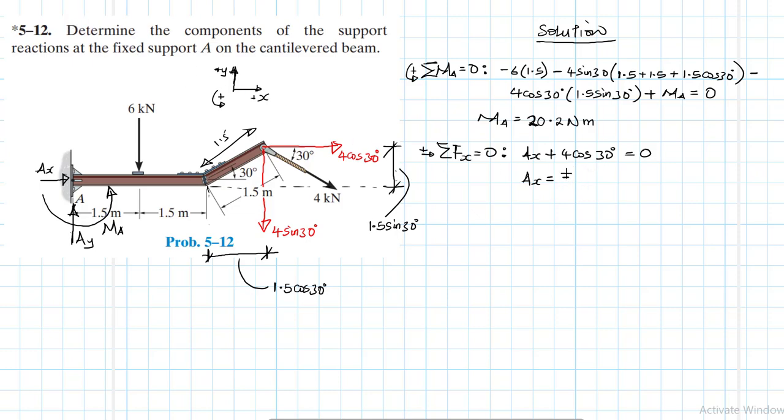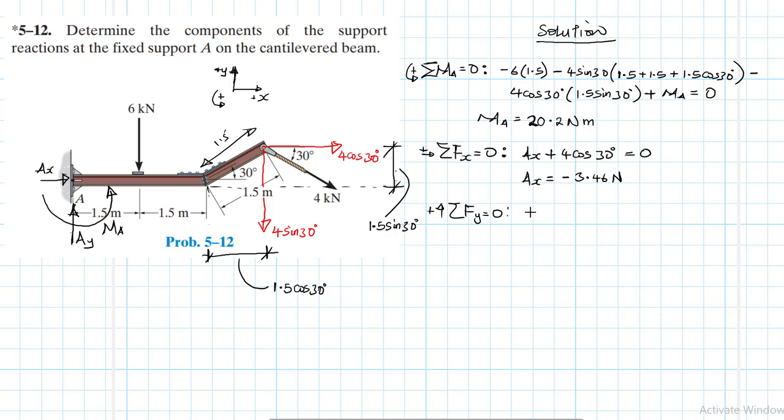Let's calculate it. What is 4 cos 30? It's 3.46 kilonewtons.